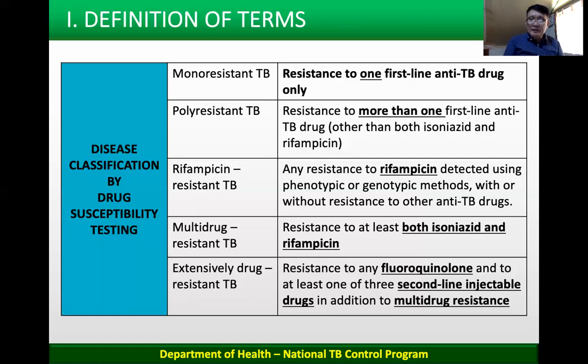The extensively drug-resistant TB or XDR-TB is resistance to any fluoroquinolone and to at least one of the 3 second-line injectable drugs, in addition to multi-drug resistance. Actually, this is just a review because this is still included in the previous MOP.